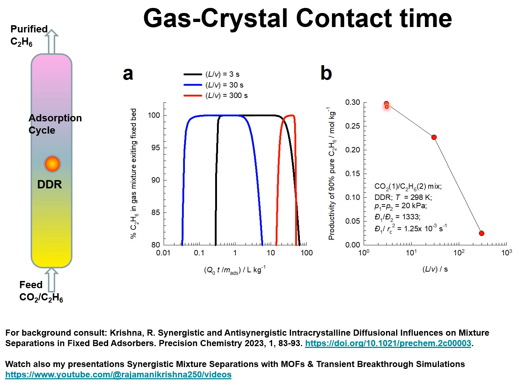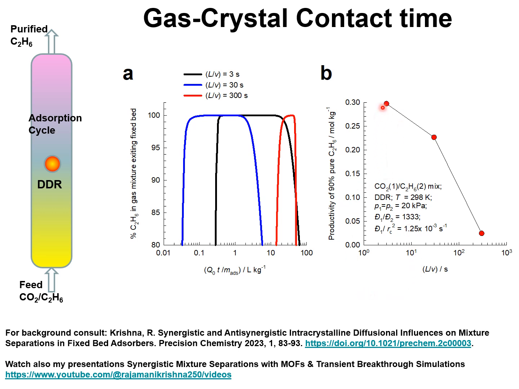A lowering of the contact time implies stronger diffusional limitations because the crystallites have not been exposed to the gas mixture for sufficiently long times in order for equilibrium conditions to prevail.